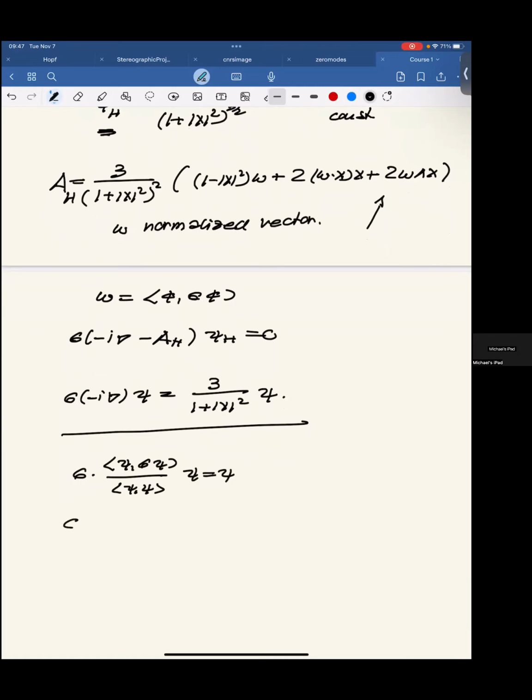So therefore you get right away that this guy here, applied to psi, is 3 over 1 plus x squared times, let me write it differently, sigma dot 3 over 1 plus x squared psi sigma psi.